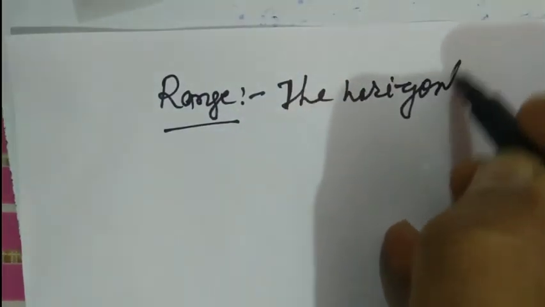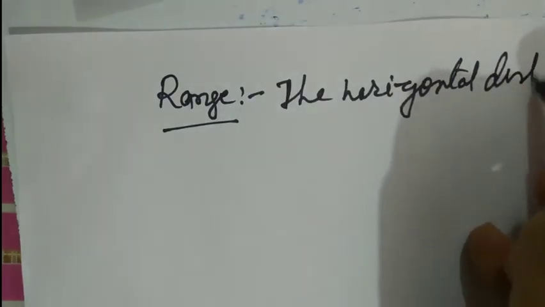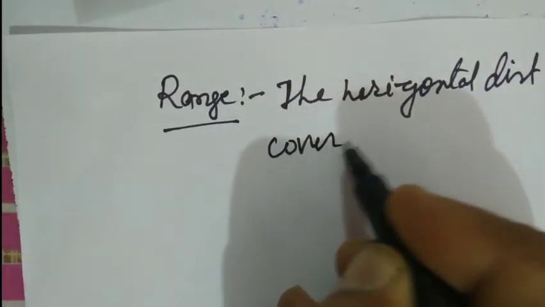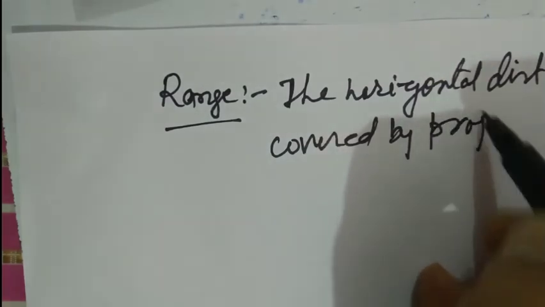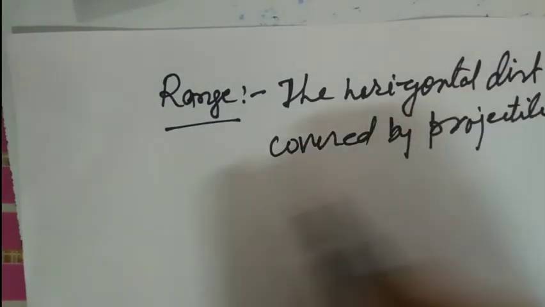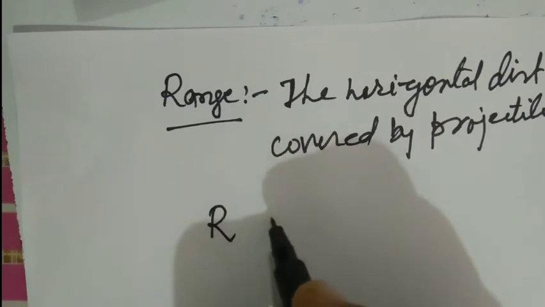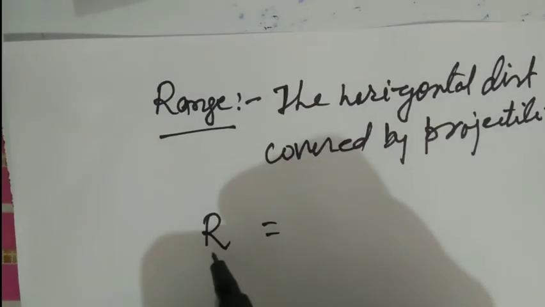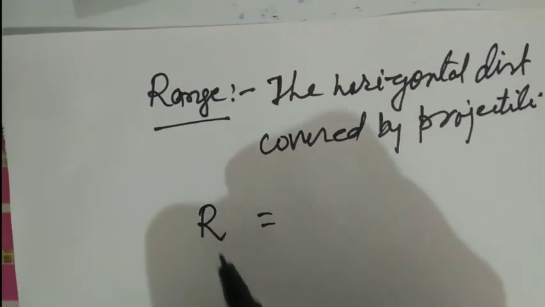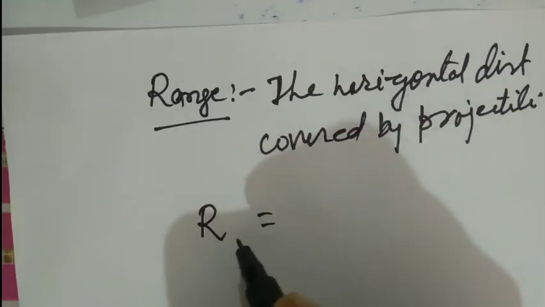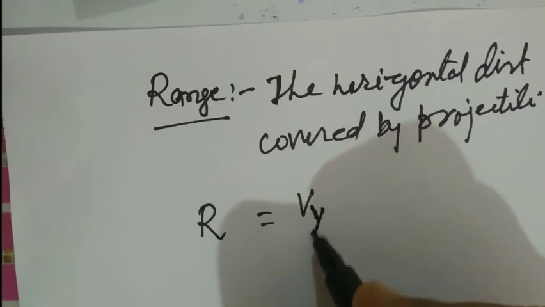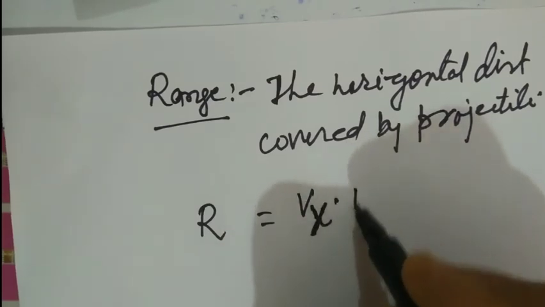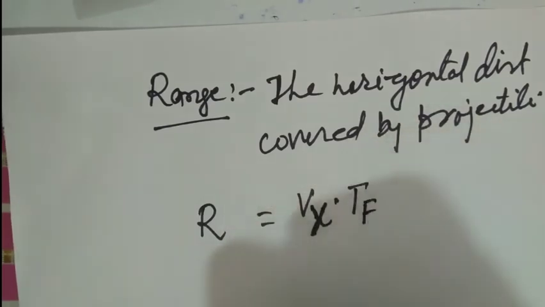Distance is equal to speed into time, so range is equal to Vx into the total time of flight.